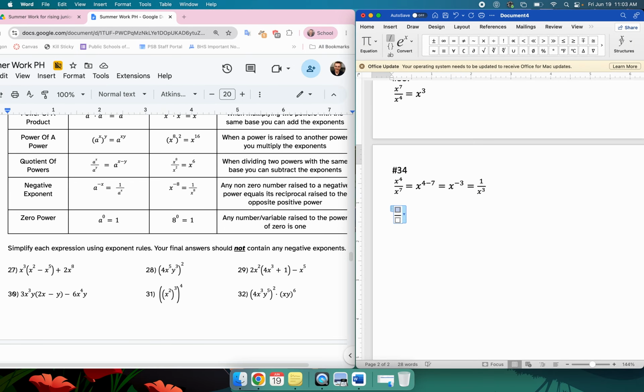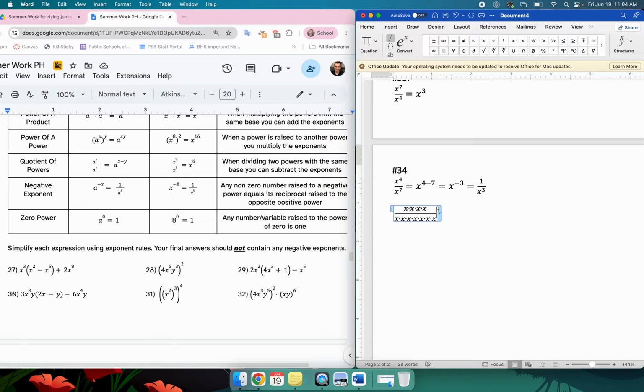There's a different way of doing this problem, though, that I also like. X to the 4th, of course, is x multiplied against itself 4 times, and x to the 7th is x multiplied against itself 7 times. And what you'll notice is that a lot of these x's will cancel. This first x here cancels this first x here, and then this second x here will cancel with that second x there.